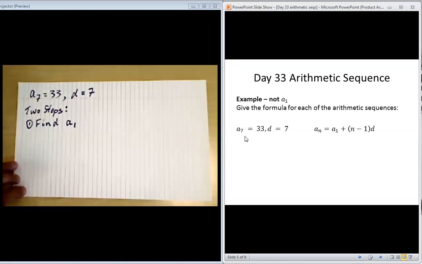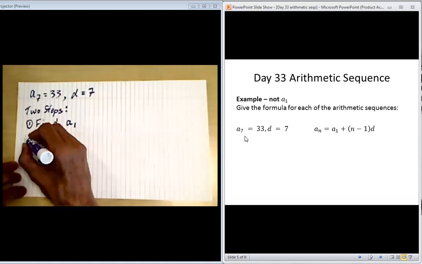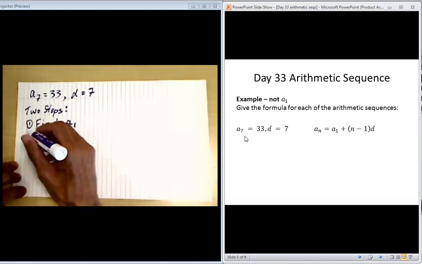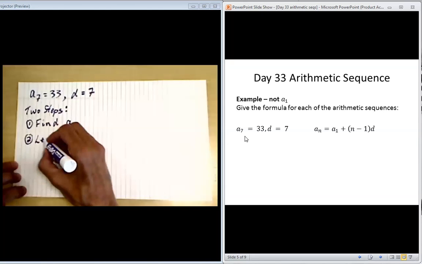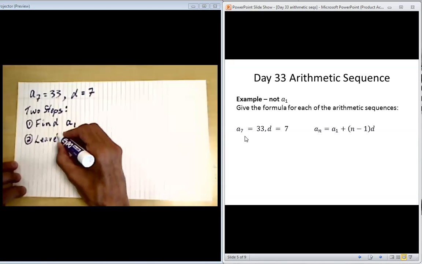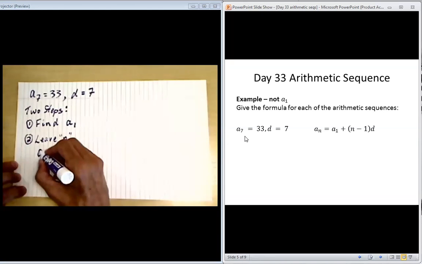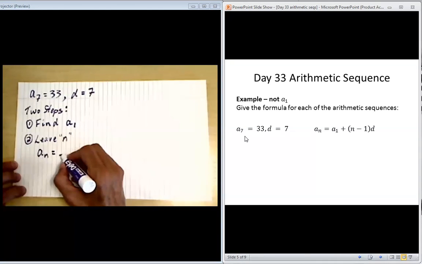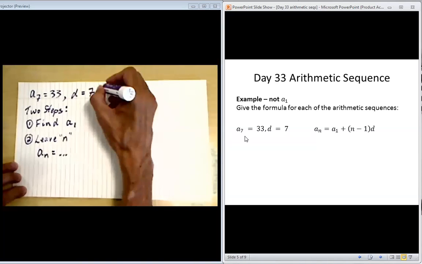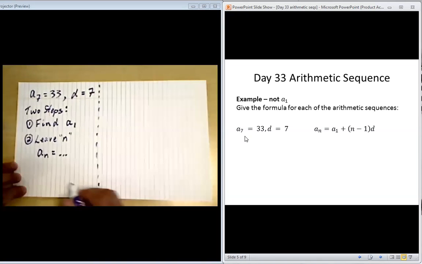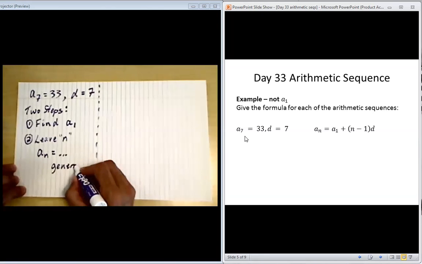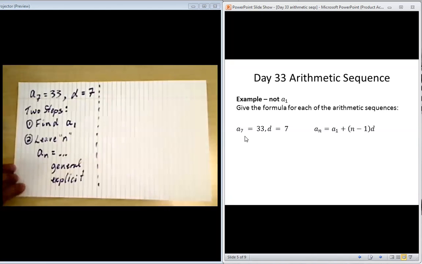And then once you find A1, what we do is we leave N and get AN is equal to blah, blah, blah. AN is equal to the general formula or the general term or explicit formula. Okay.